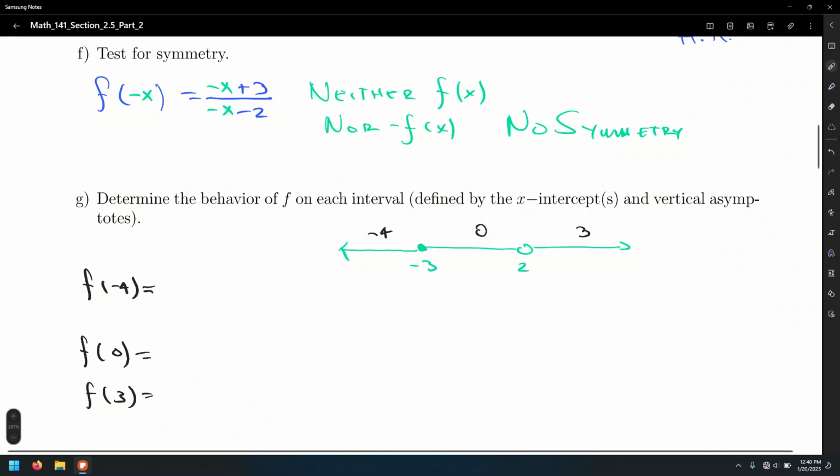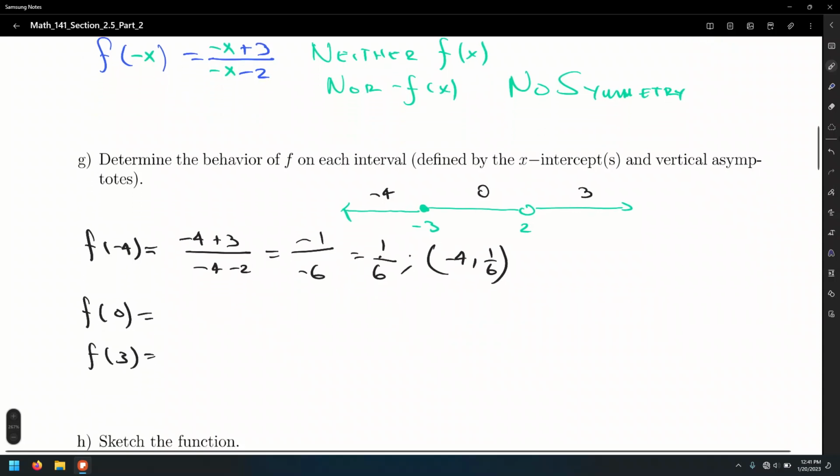So let's do one calculation for f of -4. That is -4 plus 3 over -4 minus 2. That is -4 plus 3, that's -1, over -4 minus 2, that's -6. That's positive 1/6. All right. What would that mean? Well, we're going to get the following ordered pair: -4, 1/6.